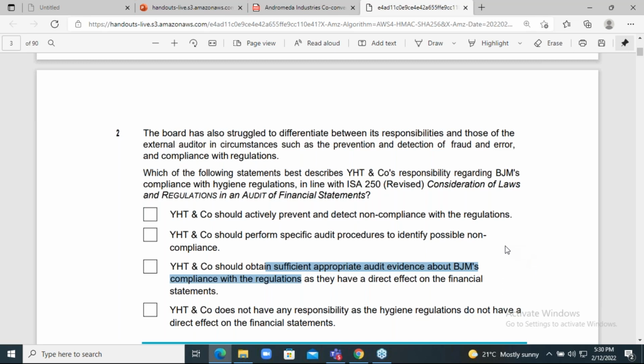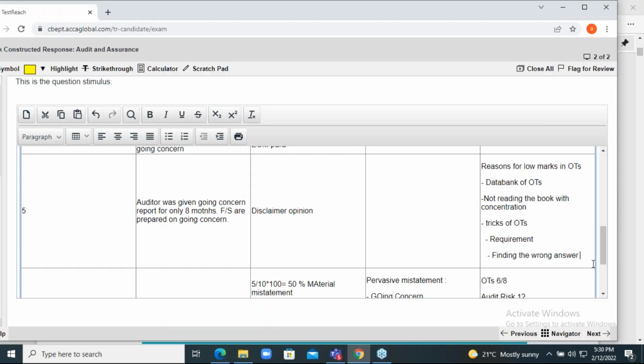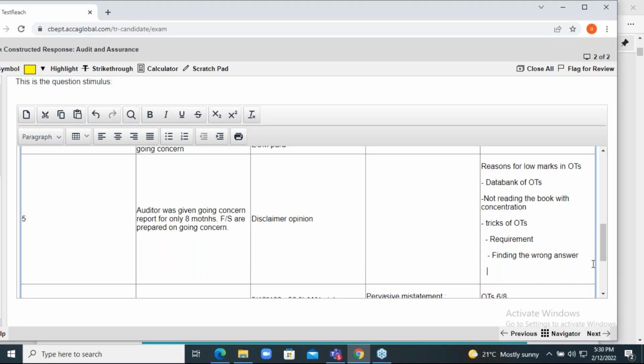I would write that: beware of eye-catching words. These are eye-catching words. These are dangerous words, and these words are the reasons why you select a specific option.